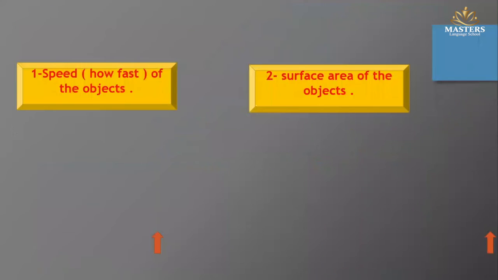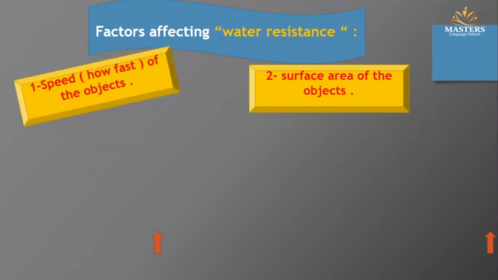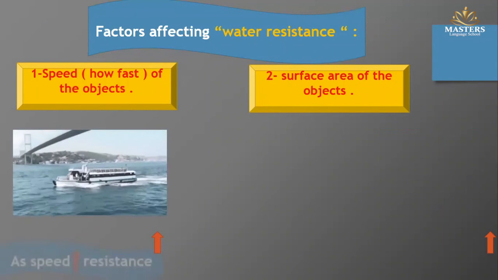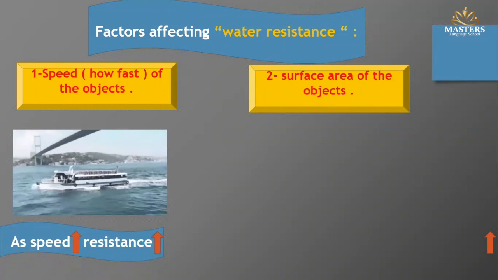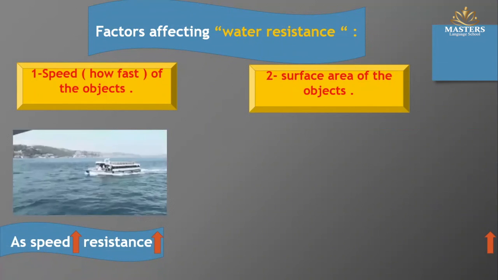What are the factors that affect the water resistance? The first factor is the speed of the object, the same as air resistance, how fast the object moves. When the speed increases, the resistance increases, causing the slowing down of the object.